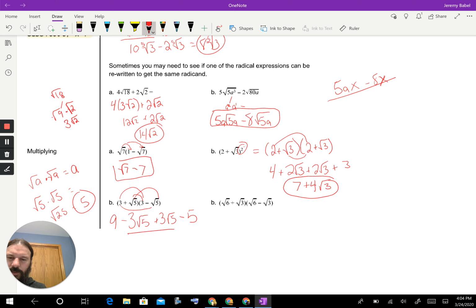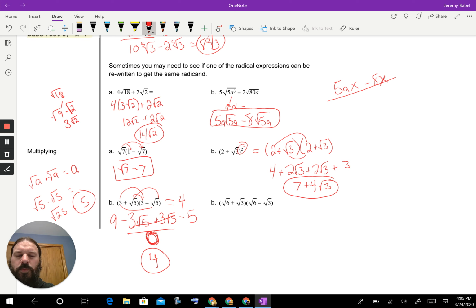Notice here, those inside terms, plus 3 square root of 5 and minus 3 square root of 5, those go to 0. And then 9 minus 5 is just 4. That whole thing simplifies to just the number 4. It's actually chosen this example for a reason, and we'll see that on our next page.